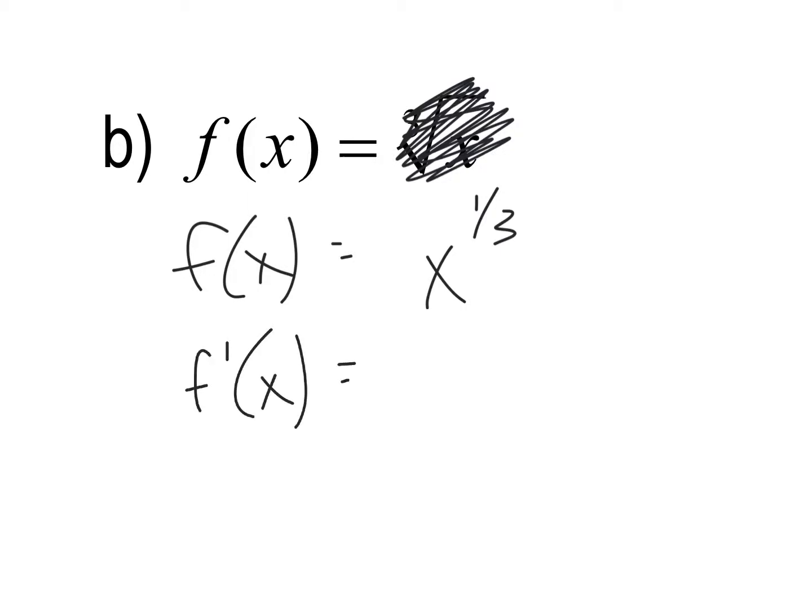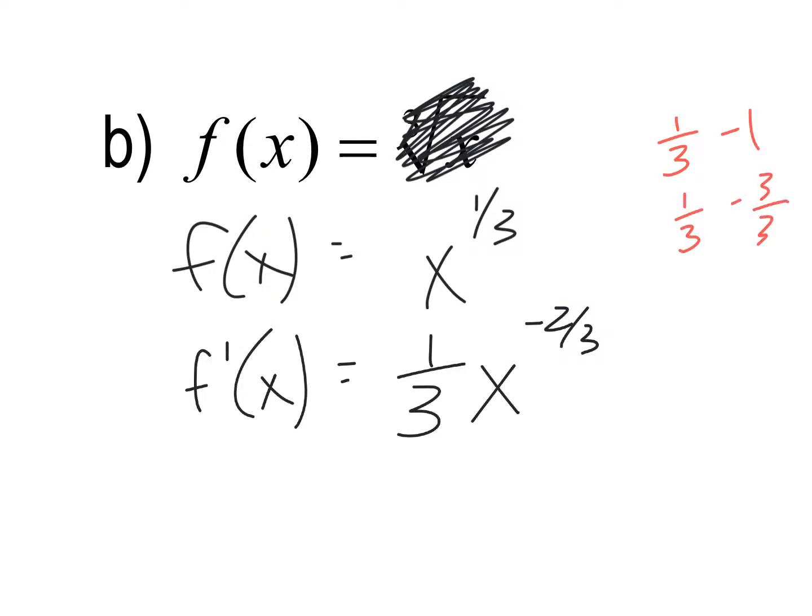So I'm going to bring down the 1/3, keep the x, and decrease the exponent by 1. What's 1/3 minus 1? It happens to be negative 2/3. You have to be okay with fractions there. What I did is 1/3 minus 3/3, which gives me negative 2/3. That's the exponent after you decrease it by 1. So it gets a little bit tricky with fractions.